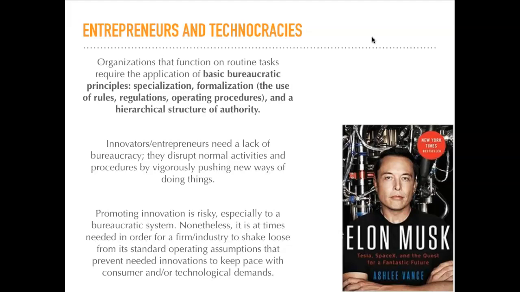So organizations that function on routine tasks, so the McDonald's or the Tim Hortons that we were talking a little bit about earlier, those organizations require the application of basic bureaucratic principles. And these bureaucratic principles are specialization, formalization, so this refers to the use of rules, regulations, and operating procedures, as well as a hierarchical structure of authority.